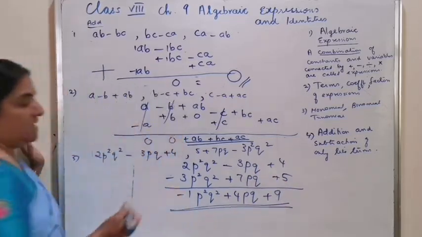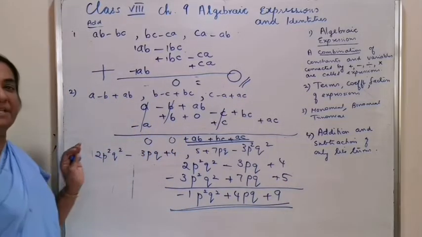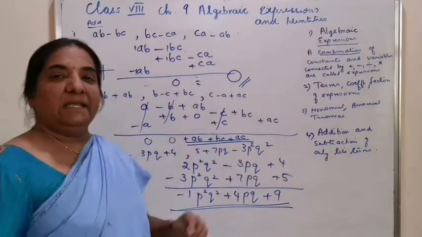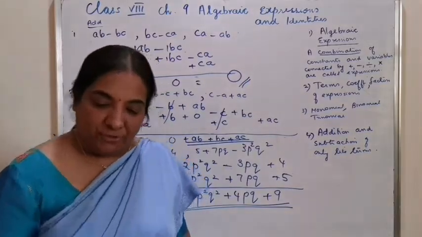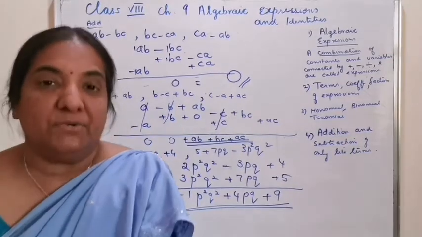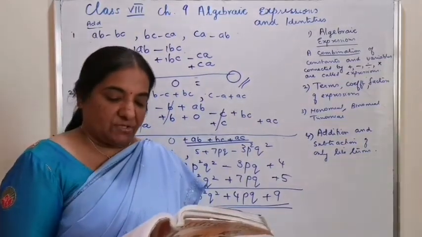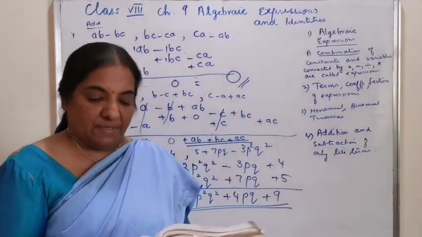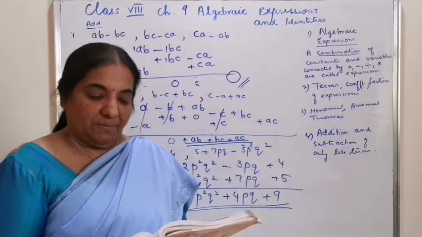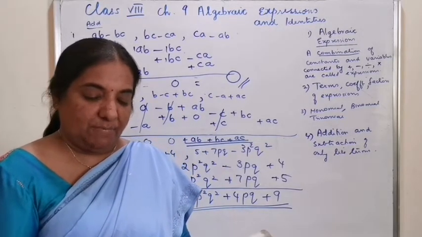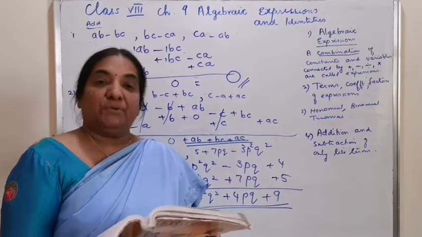So that is the answer. So if you arrange vertically, that will be easier for you. The next one, I think you can try on your own. L square plus m square plus n square plus l square, 2lm, 2mn and 2nl. You can do it on your own.